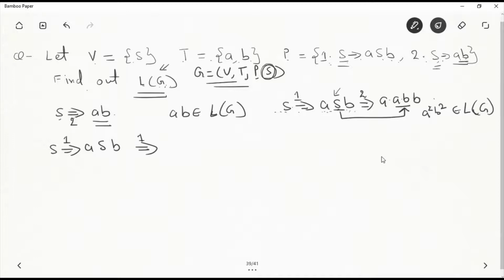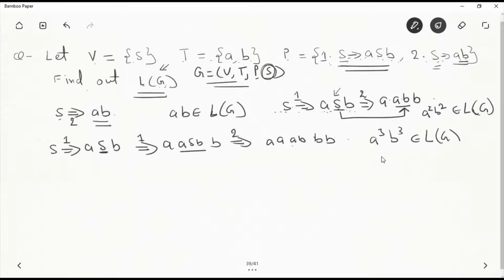Again the first rule is used, so this S is replaced by ASB. Now we can use production rule 2 to get AAABBB. So we are getting the string A cube B cube belonging to L of G.